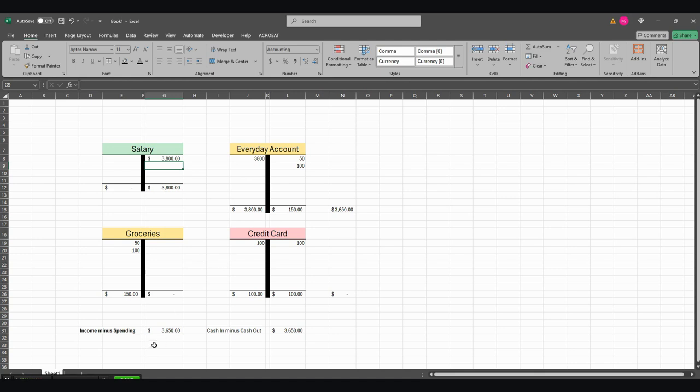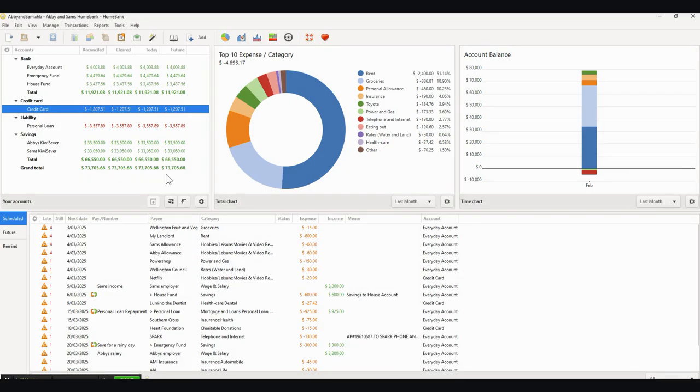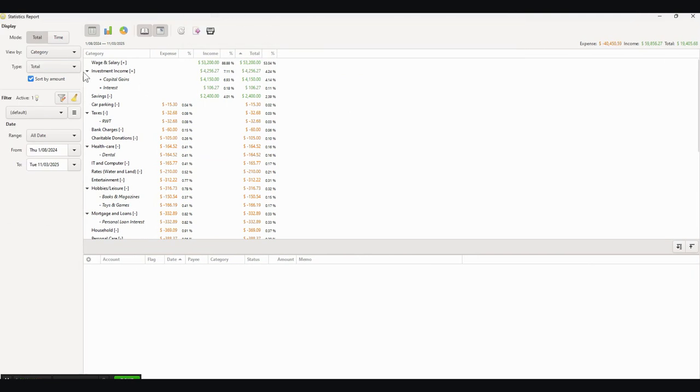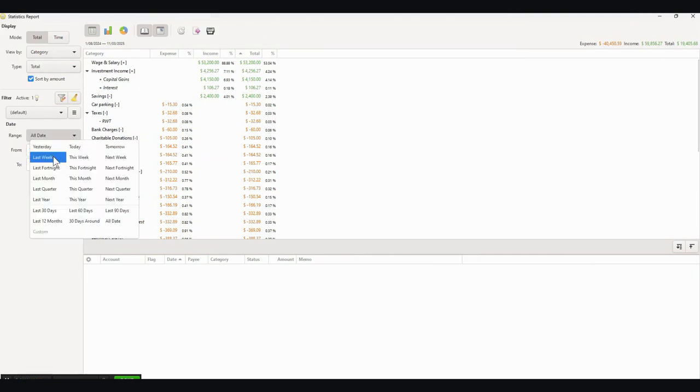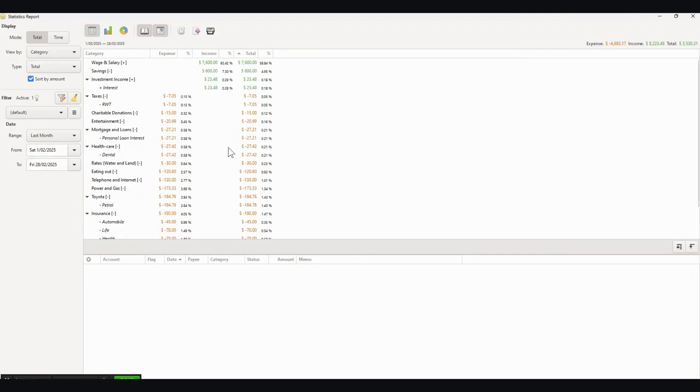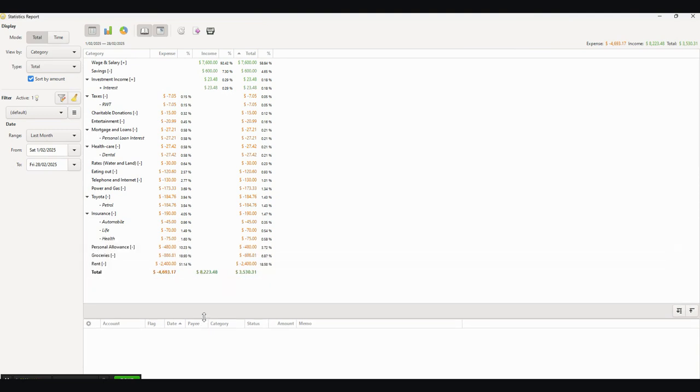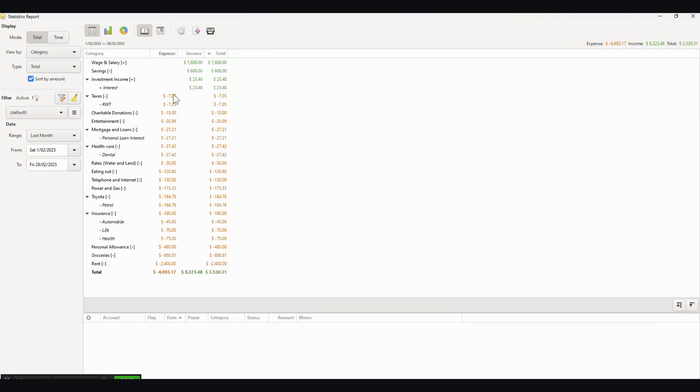So when you're looking at the end of the month at your income, spending, and your movements in your bank accounts, let's go back to here. You'll be getting out a statistics report. Bring that over here, and we'll do it for last month. When you look at these numbers here, we take away the percentages.